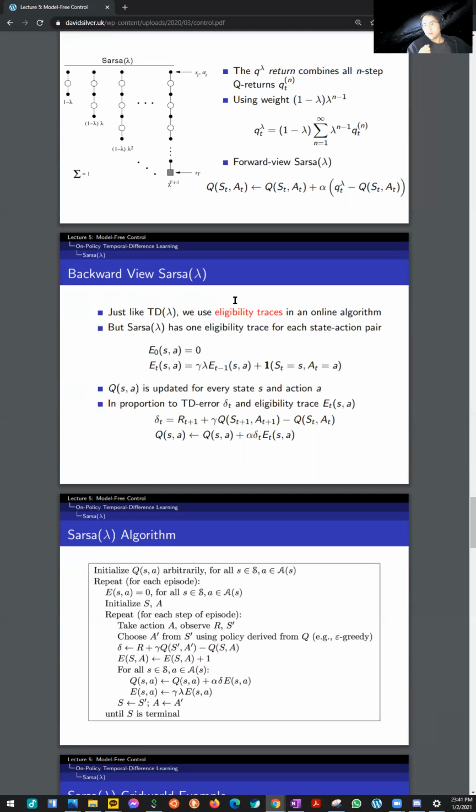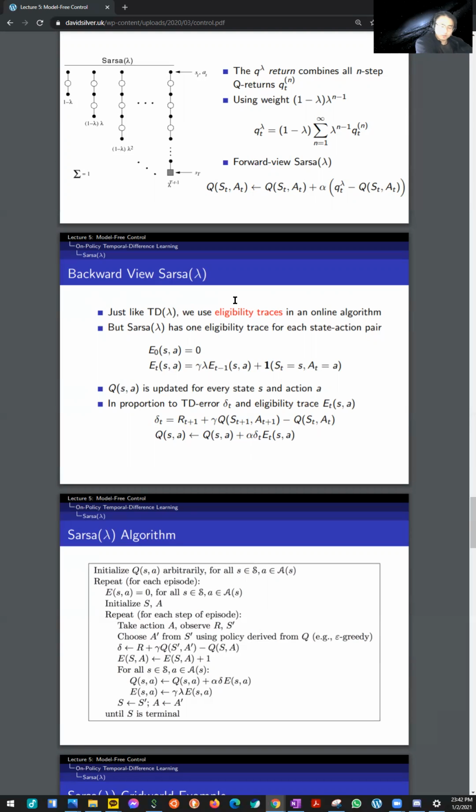Basically, eligibility trace has two heuristics: the recency heuristic and the frequency heuristic. We have passed some states, and we could naturally think the state-action pairs that happen the most should be more responsible for our update compared to the state-action pairs that didn't really happen that much.